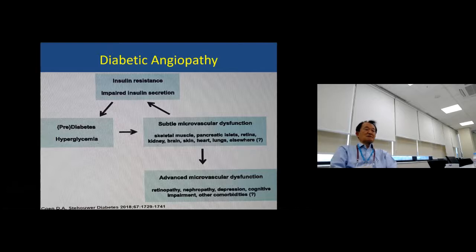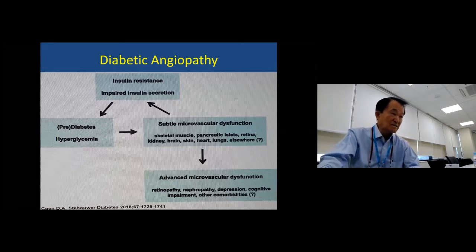And so, as I said earlier, microangiopathy is now a major clinical problem in every disease. So tiny vessels become obstructed by clots.